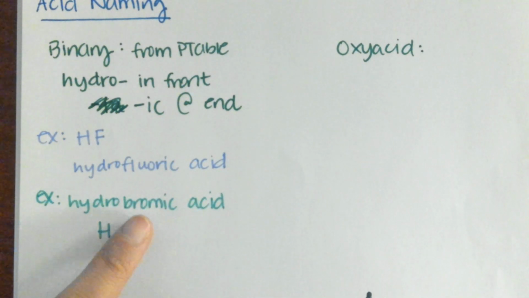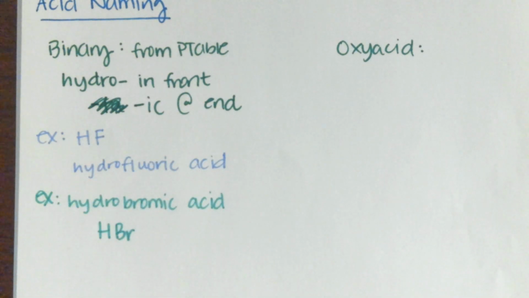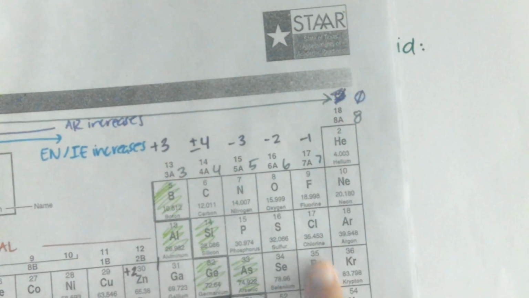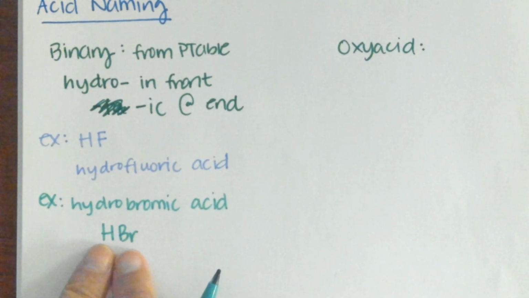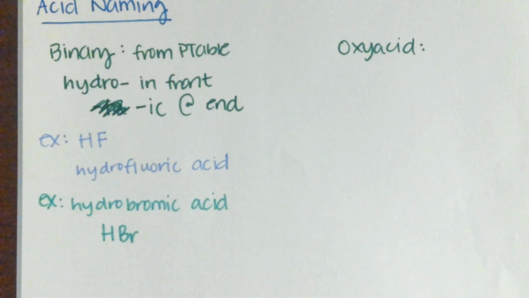You know bromic is bromine, and the symbol for that is Br. And whenever you write formulas like this, you always do charges at the end. So H, we always know that it has a charge of +1, and then bromine has a charge of -1. So this works out. +1, -1, they cancel out. There's not really much crisscrossing there. Okay? So those are binary acids.